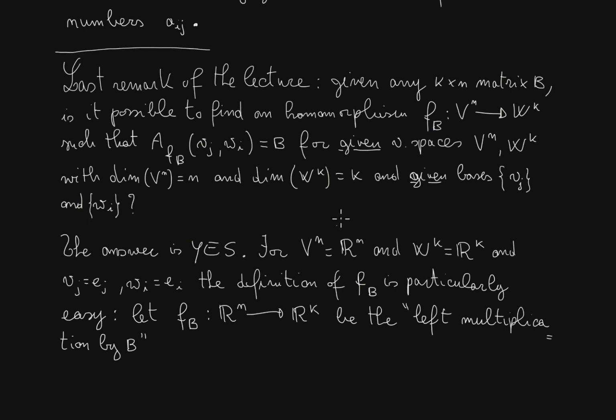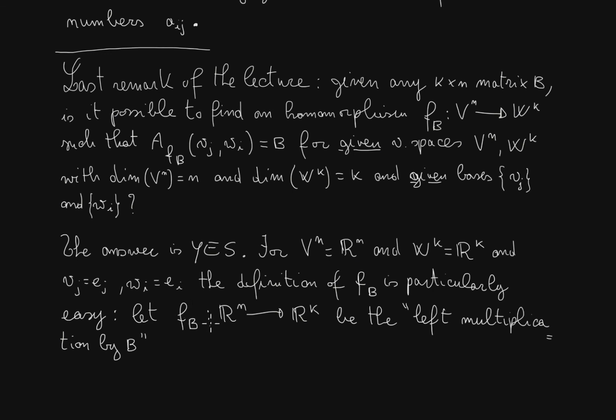yes. For example, for V_n equals R^n, so we are looking at a particular case of an n-dimensional Euclidean space, and W_k, again, another k-dimensional Euclidean space, and v_j being the canonical basis of the domain, and w_i the canonical basis of the codomain, the definition of f_B is particularly easy.